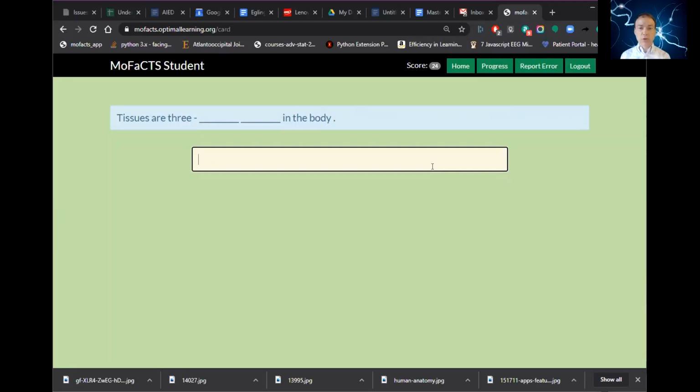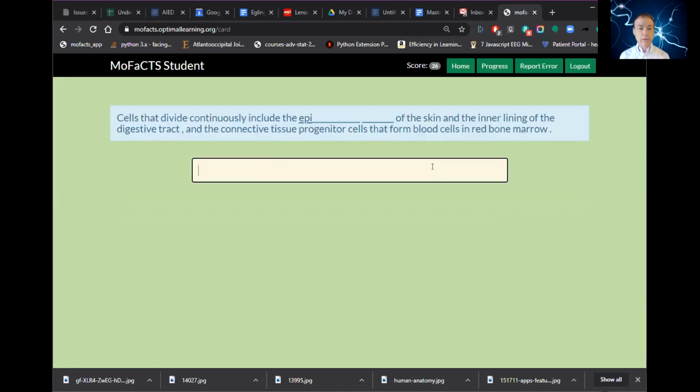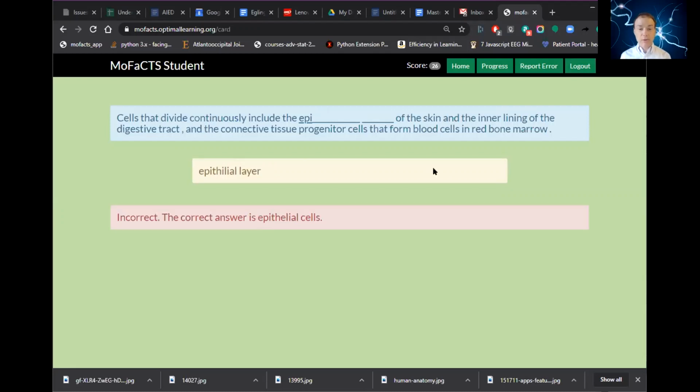Tissues are three-dimensional structures. Yes, okay, the cells of different tissues vary greatly in their ability to divide. Yes, cells that divide continuously include the epithelial layer of the skin, epithelial cells.